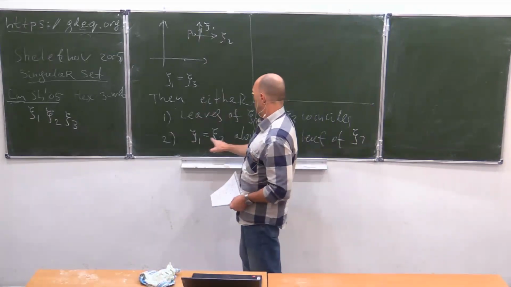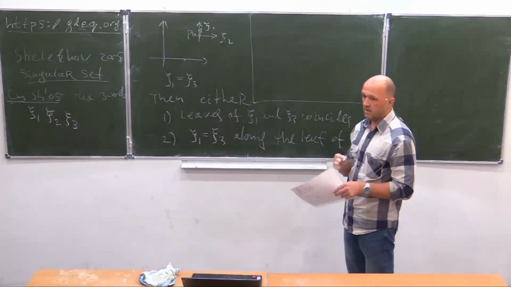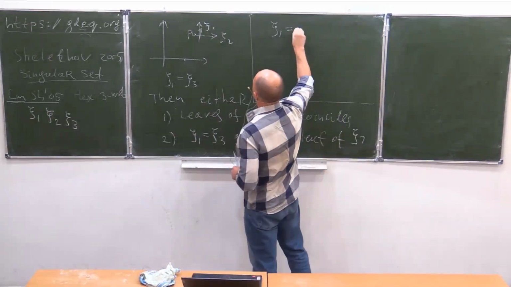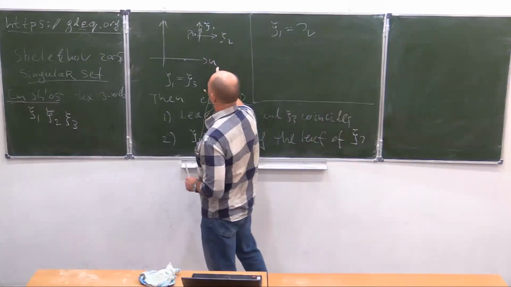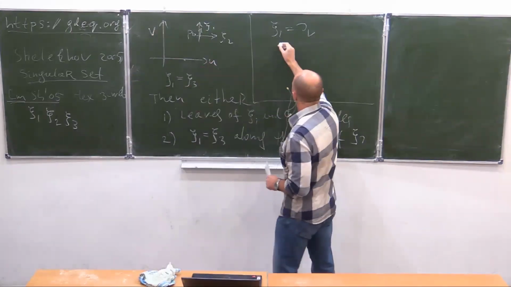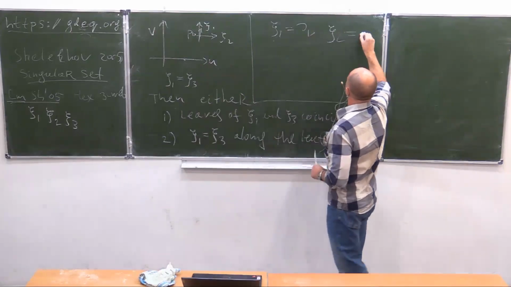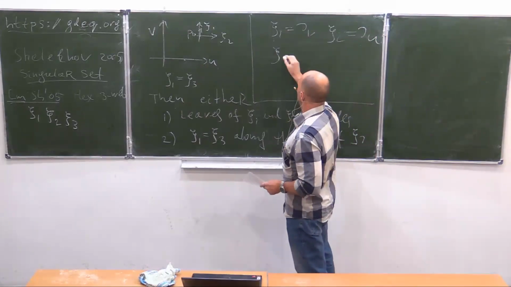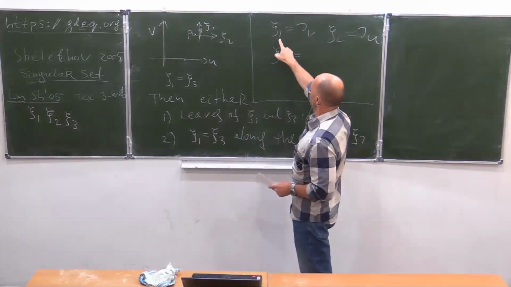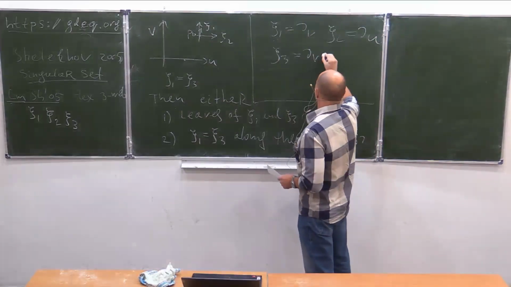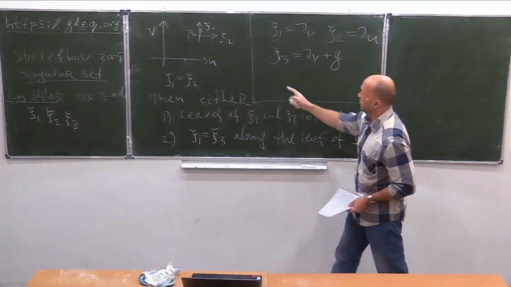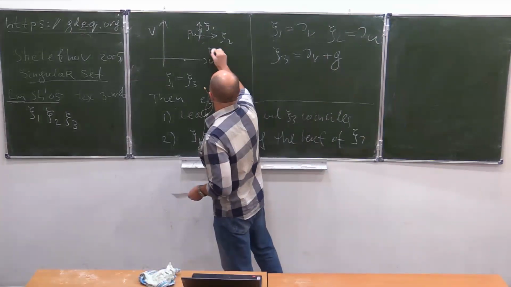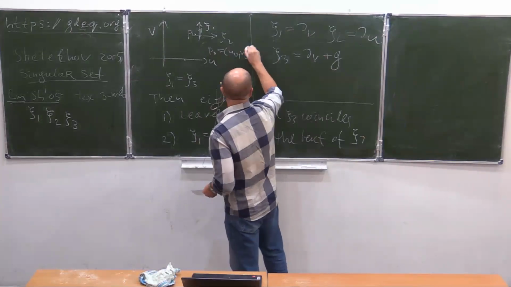So Psi1 and Psi2 are transverse. So we can suppose that Psi1 is dV. So this is U, this is V, local coordinates, and Psi2 is dU. Then Psi3 is equal to Psi1 at point P0, where P0 is (U0, V0).